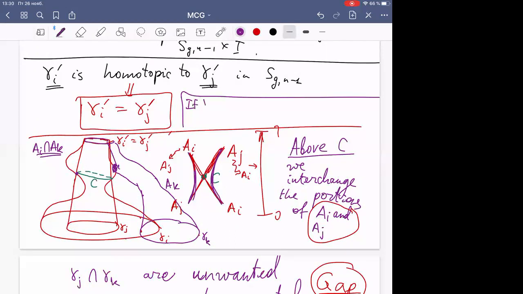If gamma I and gamma J are disjoint, then there are only two possibilities: either gamma I prime and gamma J prime are also disjoint, or they coincide.